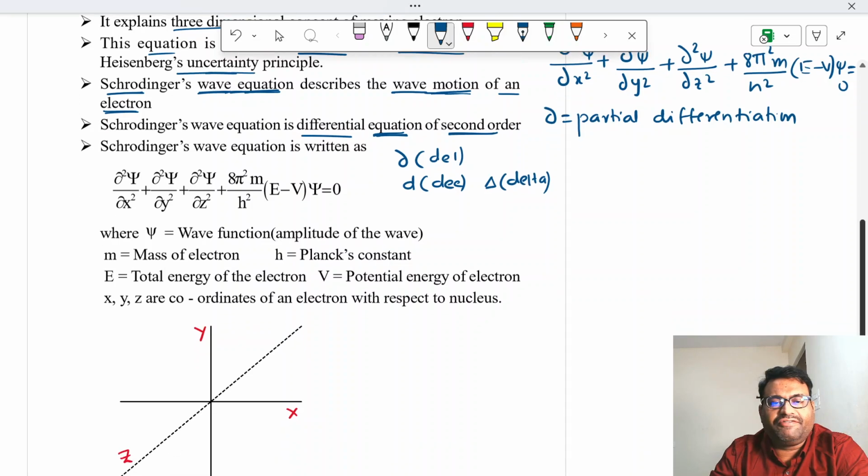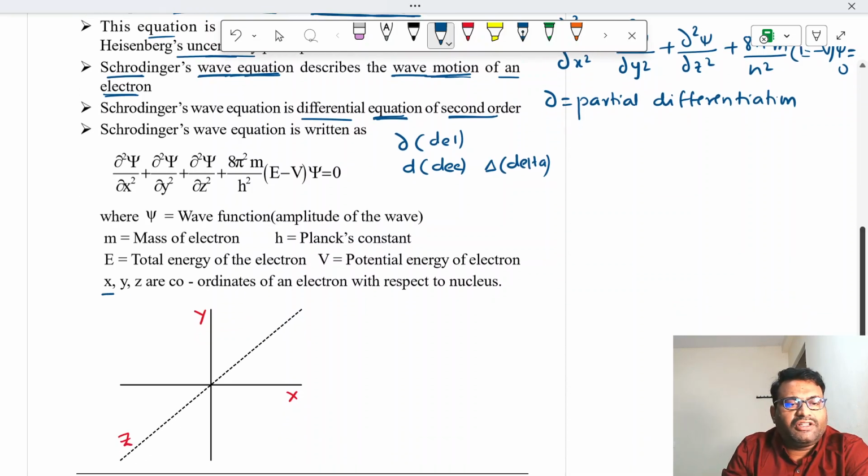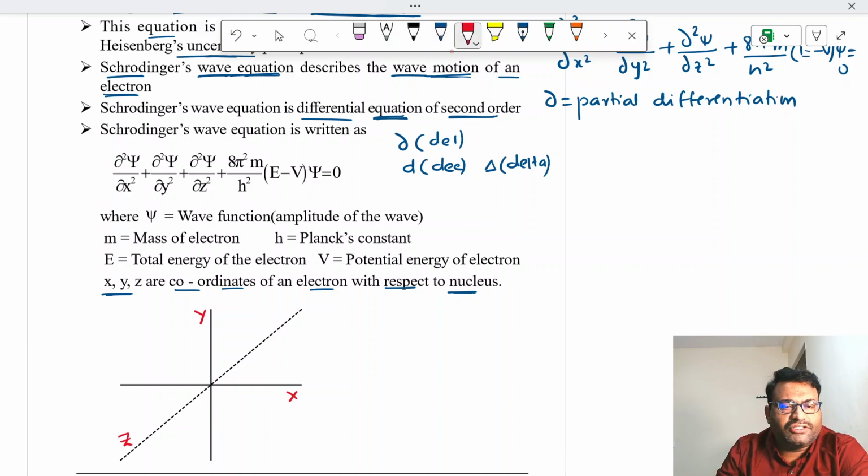These x, y, z are coordinates of an electron with respect to the nucleus. Consider the center as the nucleus, at 0, 0. Now an electron is moving somewhere here.